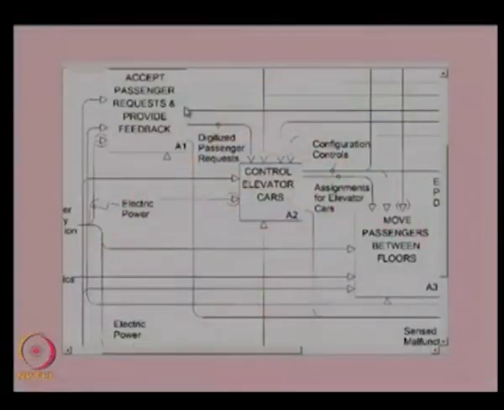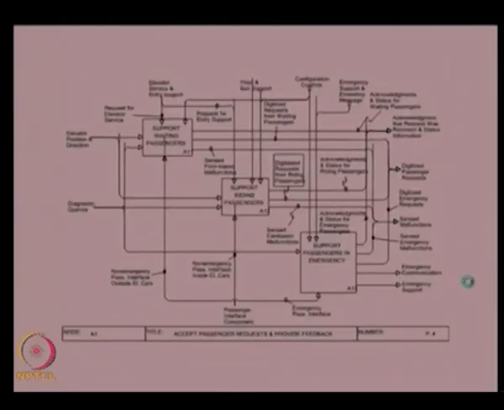The A1 diagram will show the decomposition of the A1 function, the A2 diagram will show the decomposition of the A2 function, and A3 will show the decomposition of the A3 function. This is shown here. This is the A11 function, this is the A12 function and this is the A13 function.